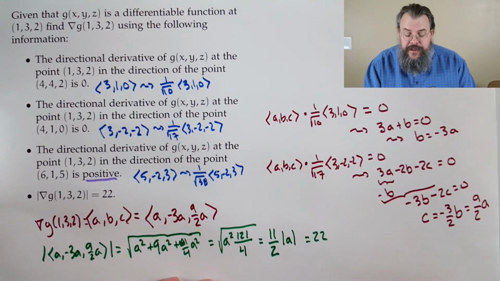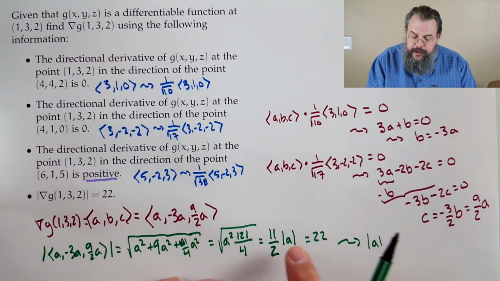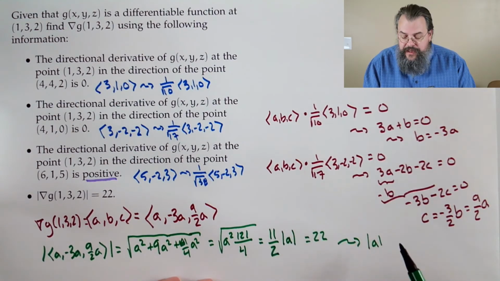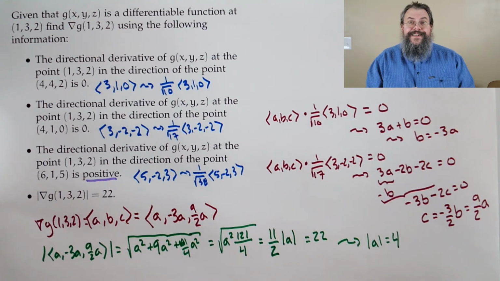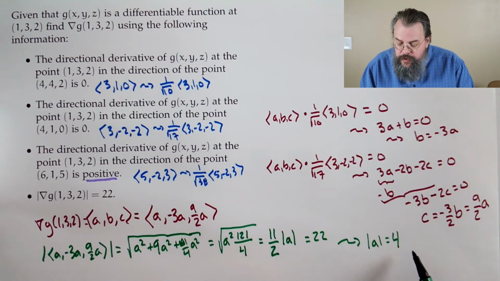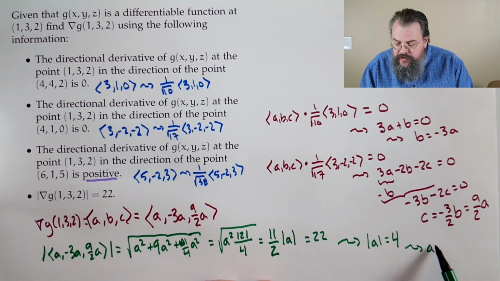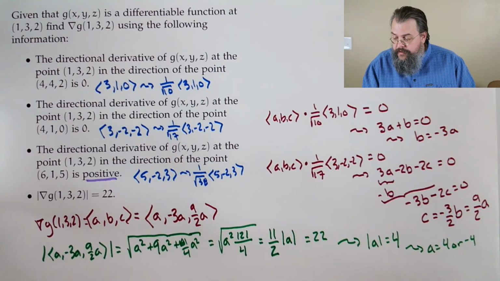Well, that's perfect. That tells us something. It says, check it out: absolute value of a divided by 11 multiplied by 2 has to be 4. Okay, now we're almost there. So our conclusion is we're down to really 2 possibilities, 4 or negative 4. So what is that telling us?